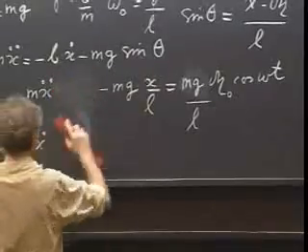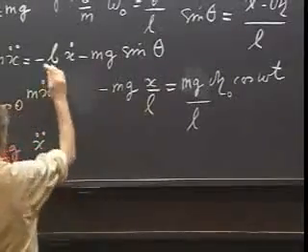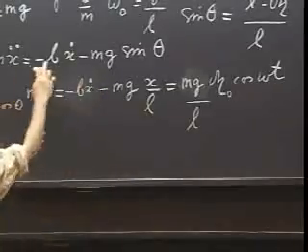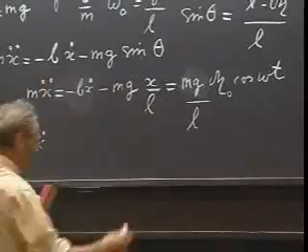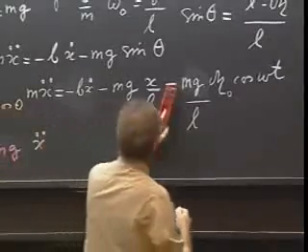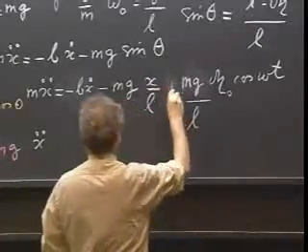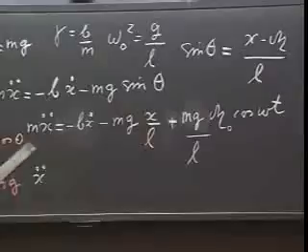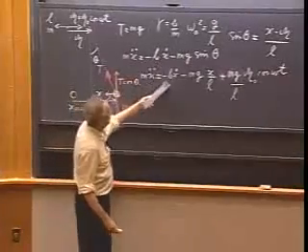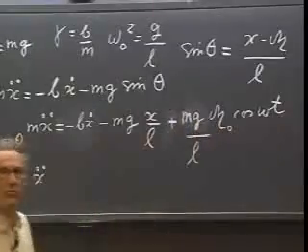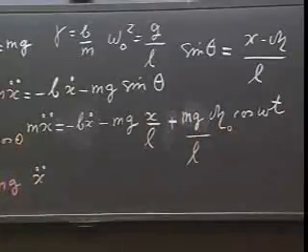This is an equal sign, minus b x dot, right? We're in business now. All of you are sleeping, my goodness. m x double dot minus b x dot minus mg x over L, and then the minus and the minus becomes plus. All right, try not to sleep.